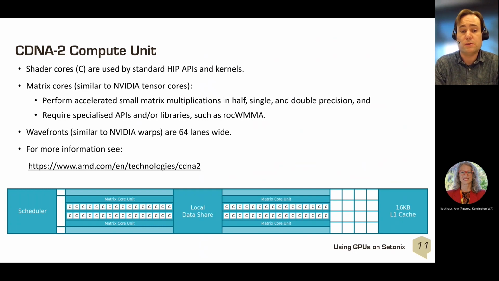You can access these using specialized APIs or libraries, such as rocWMMA. The wavefronts on the AMD GPU architecture, which is similar to the NVIDIA warps, are 64 lanes wide rather than 32. So you may find this might be something that you want to change in your GPU programming if you are developing your own software. And again, for more information, we recommend having a look at that CDNA2 white paper.